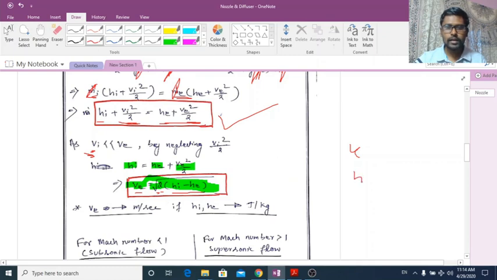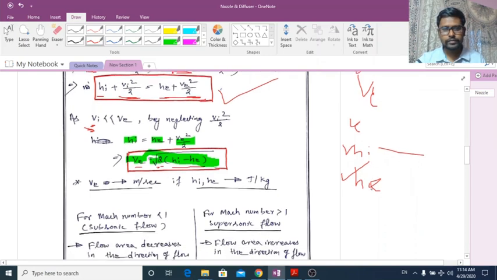HI is the enthalpy of fluid entering the control volume, and HE is the enthalpy of fluid leaving the control volume. VE is the velocity of fluid coming out from the nozzle, HI is the enthalpy of fluid entering the nozzle, and HE is the enthalpy of fluid coming out from the nozzle.